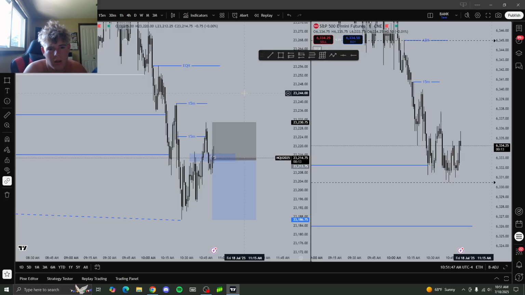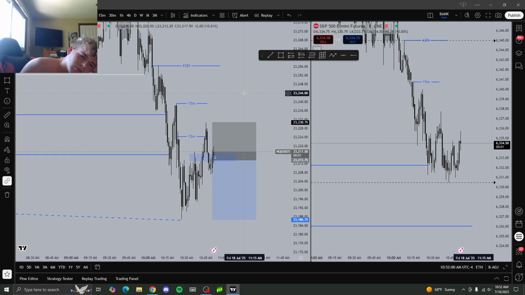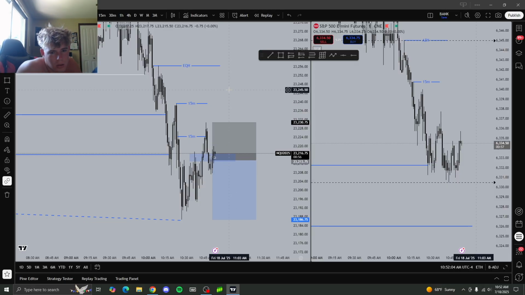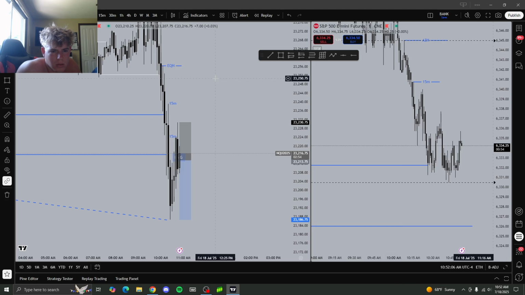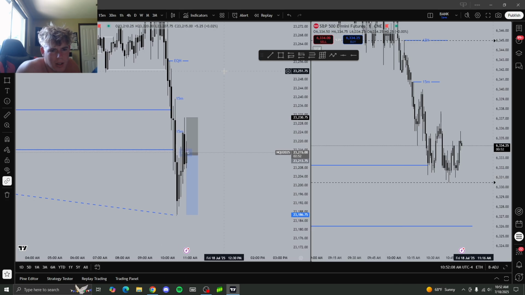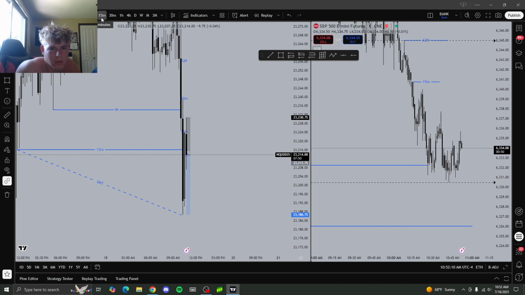So, like I said, ideally we just flush. I don't want the macro to come up and take us out, but yeah. I feel like we should continue lower. Five-minute candle range 3 with the 15-minute candle rejection.